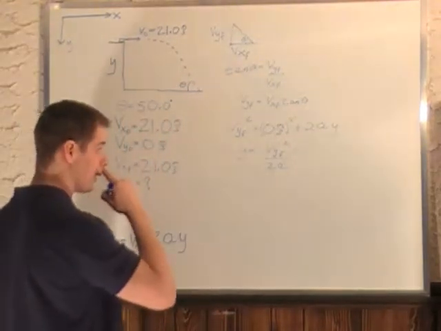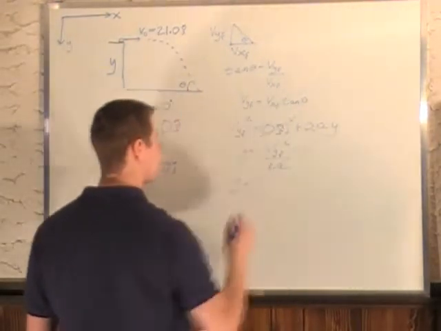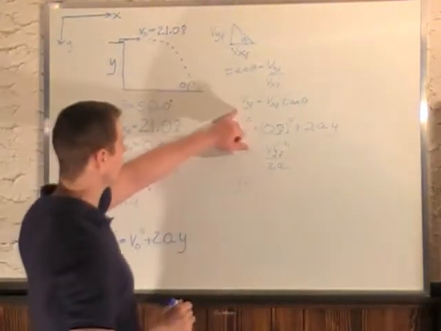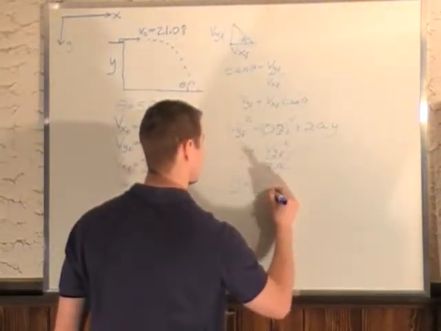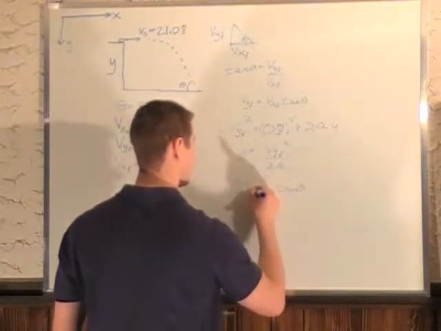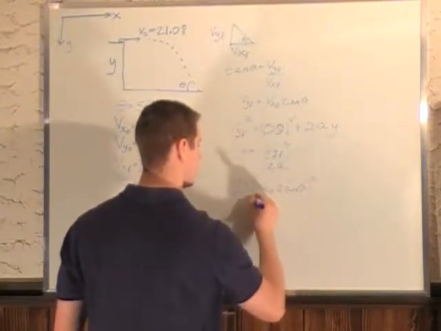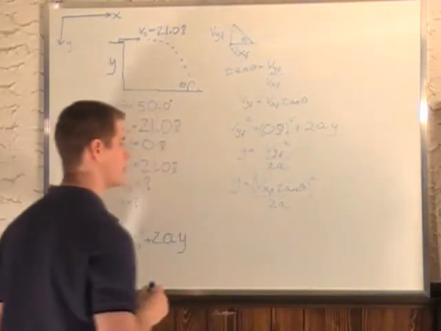Now all I have to do is plug in my numbers to figure out what y is. Y equals Vy final, which is Vx final tan theta, so I got Vx final tan theta, still squared, divided by 2 times acceleration.